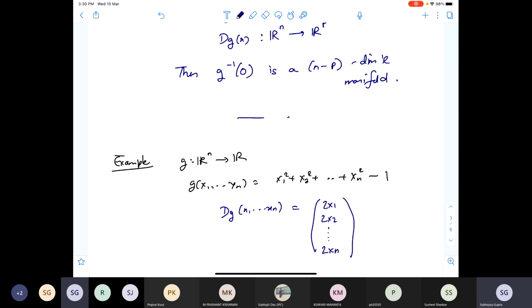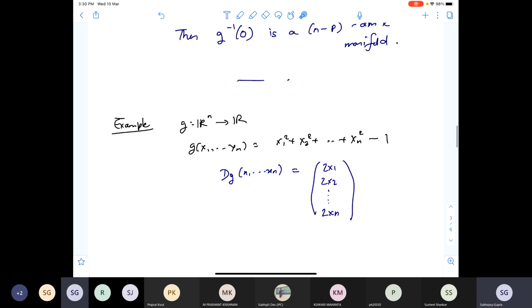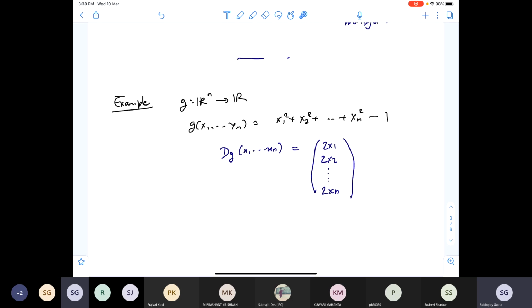And this thing vanishes only when x1, x2, up to xn are all 0. But that doesn't happen in the pre-image of 0 in this case, because if all of these are 0, then your value is -1 and you're not at 0. So this satisfies our condition, and so by the previous theorem, g inverse of 0 is a manifold.